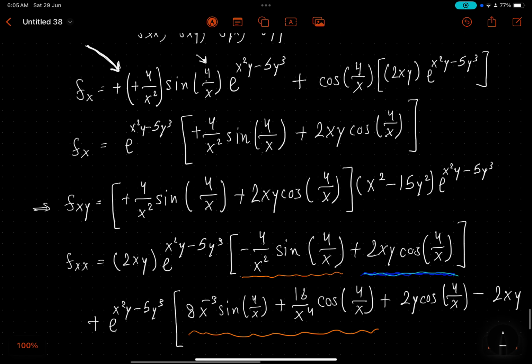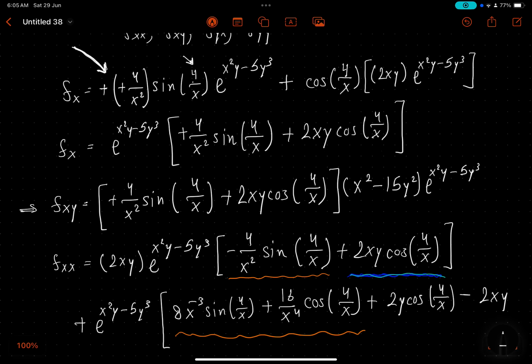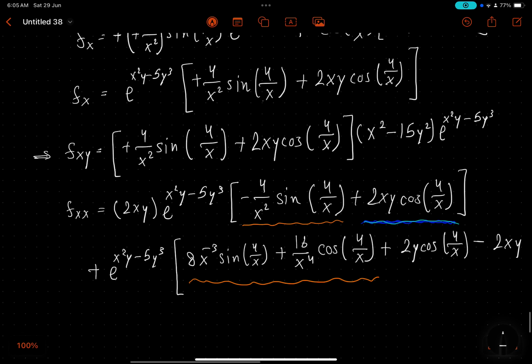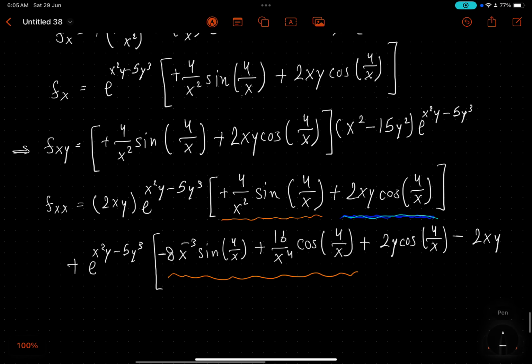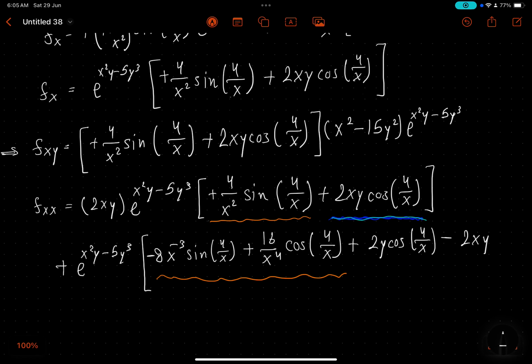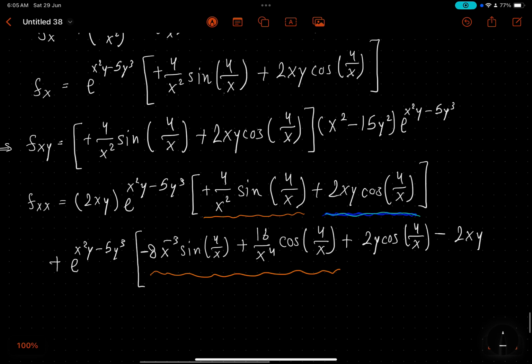Fx with respect to y. Okay, and here this should be positive. And so we're going to get a negative sign here by differentiating. Also, for our other part, we're going to get a positive, and then differentiating will give us a negative. So here we're going to have also a negative sign.